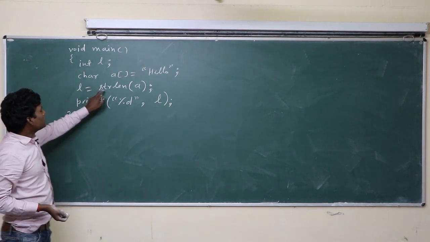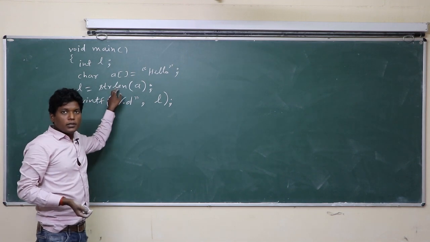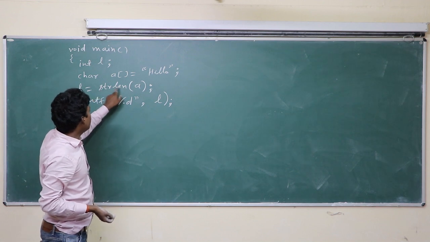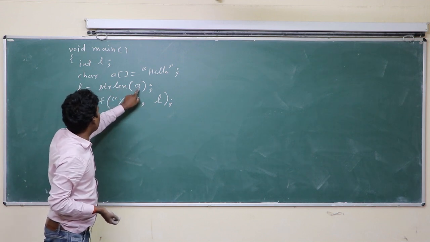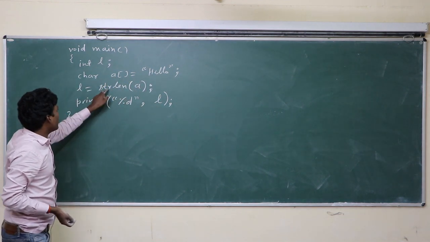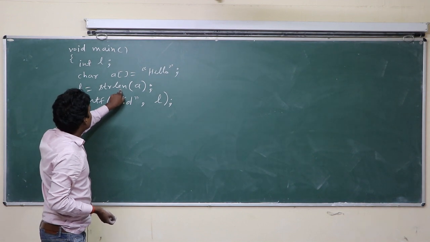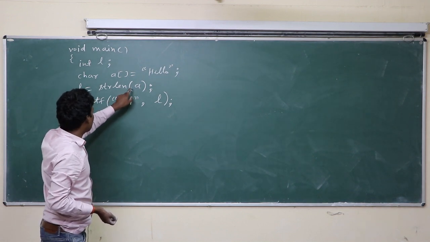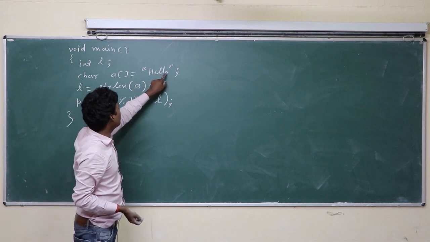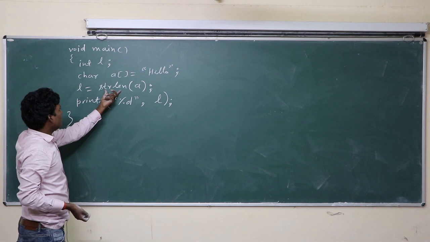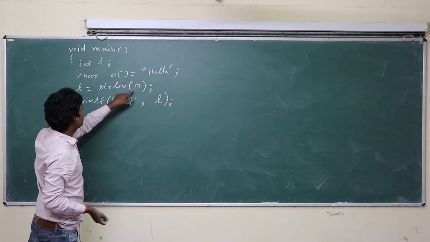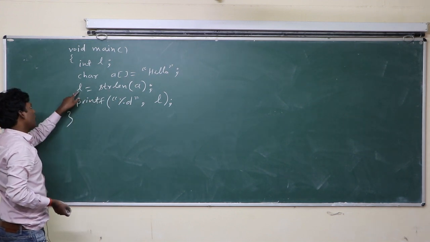Class, strlen is used to calculate the length of a string. In the strlen function you supply a, which is a string that contains hello. So strlen calculates the length of string a, that is 5, 1 2 3 4 5. The result is 5, and this 5 is assigned to l.